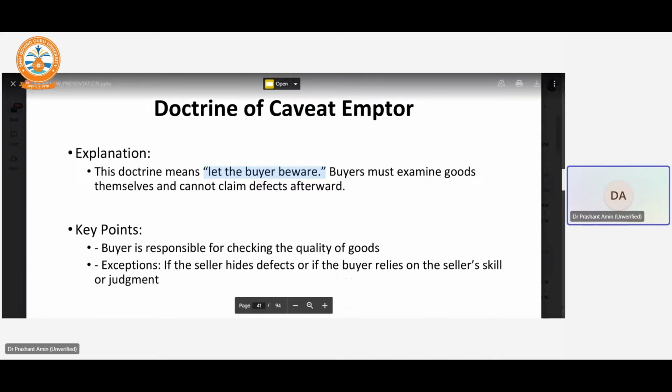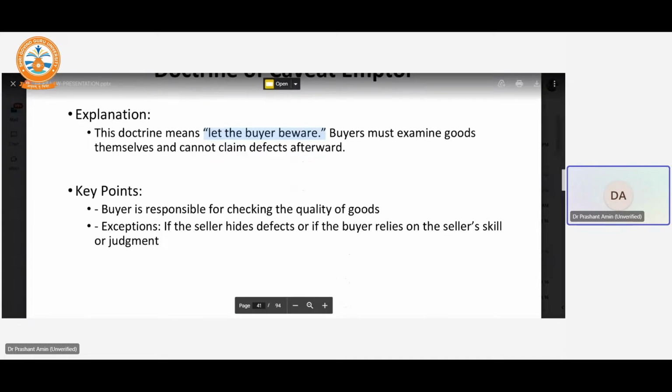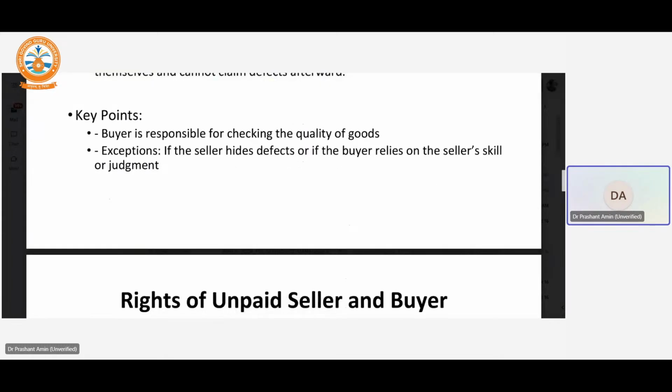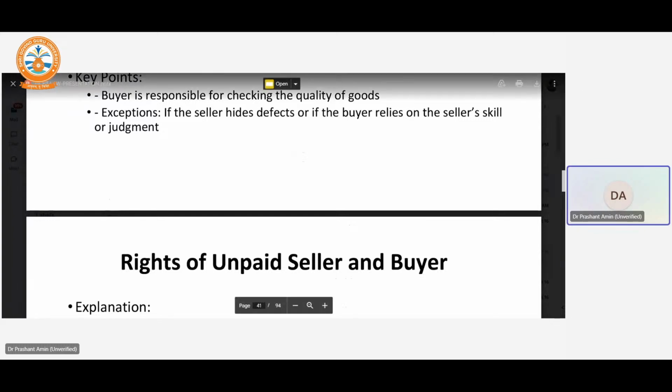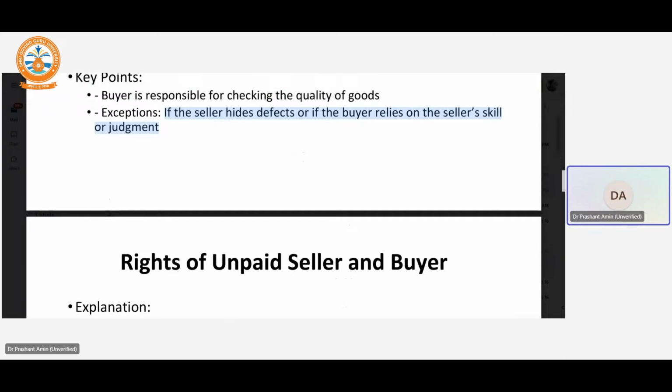Now, what are the key points in caveat emptor? The buyer is responsible for checking the quality of the goods. The exceptions are if the seller hides the defect, or if the buyer relies on the seller's skill and judgment; that is an exceptional case.